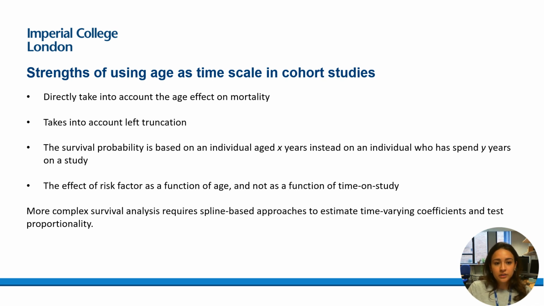You can also account for left truncation if it is present, which is often the case in large cohort data. The observed survival probability is based on the participant's age instead of how many years the participant has been on the study. And finally, the effect of the risk factor is a function of age and not a function of time on study.